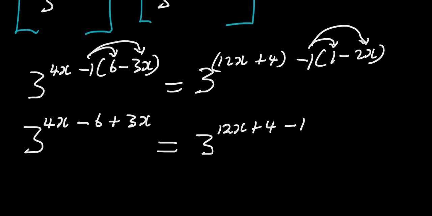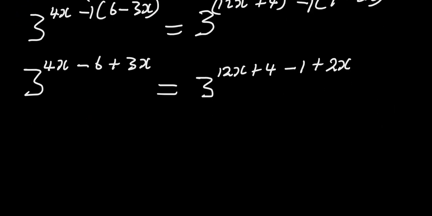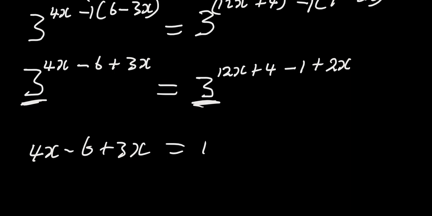Negative 1 times negative 2x is going to give us positive 2x. So at this point, we can equate the exponent because we now have the same base on both sides, base of 3. So this becomes 4x negative 6 plus 3x is equal 12x plus 4 negative 1 plus 2x.